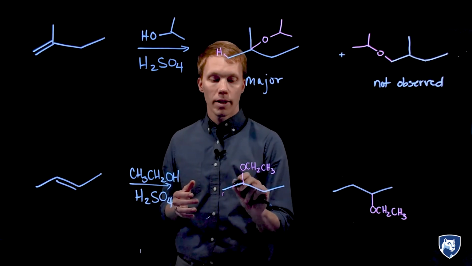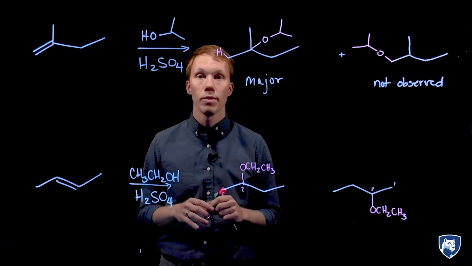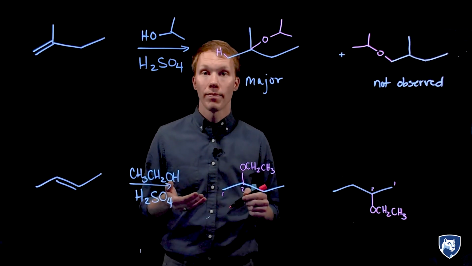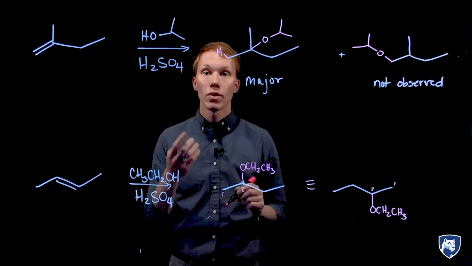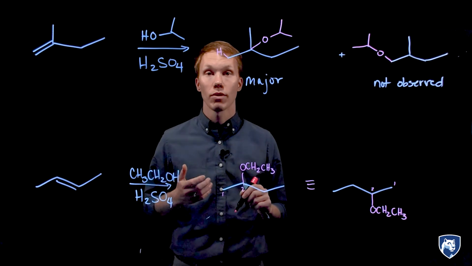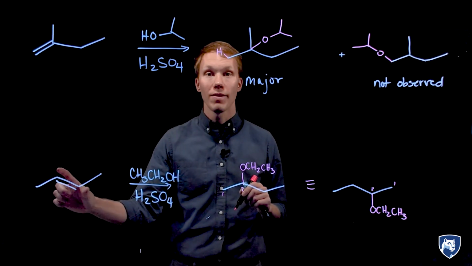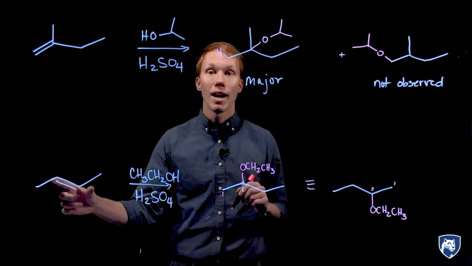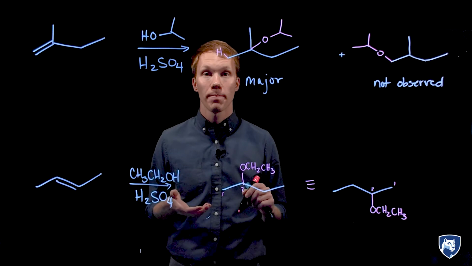Because these carbons both have an ethoxy group on the second carbon, these are in fact identical compounds. So there is one possible constitutional isomer to produce in this reaction. There is no difference in the substitution of these two carbons of the alkene that would lead to any regioselectivity.